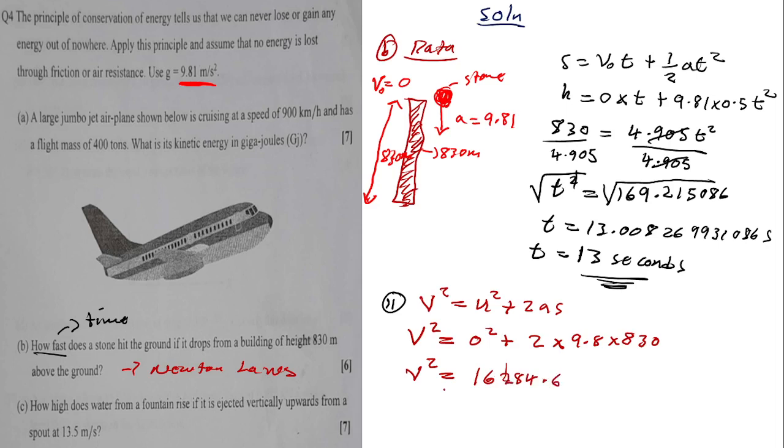16,284.6. If you introduce the square root, v will simply be equal to the square root of what we have, 16,284.6, and this is giving you 127.6111, so 128 meters per second.